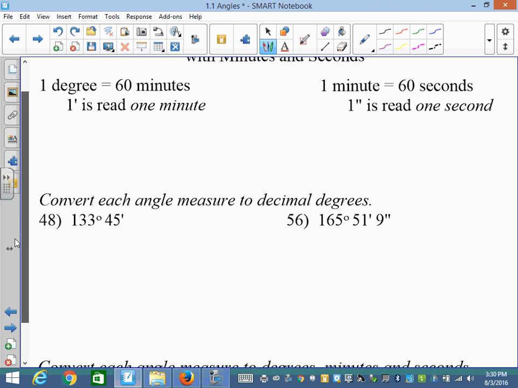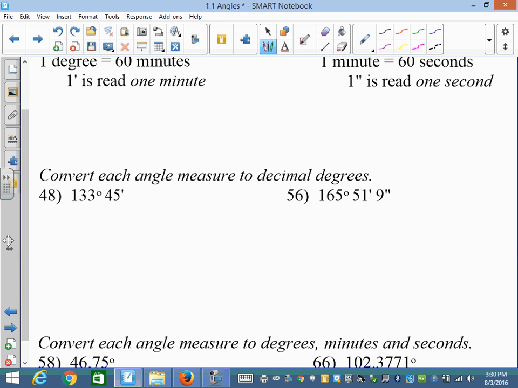So this is asking you to convert each angle measure to decimal degrees, which means we want nothing but decimals. It's 133 degrees, that 133 will not change. So we have 133 degrees plus 45 out of the 60 for the other degree.